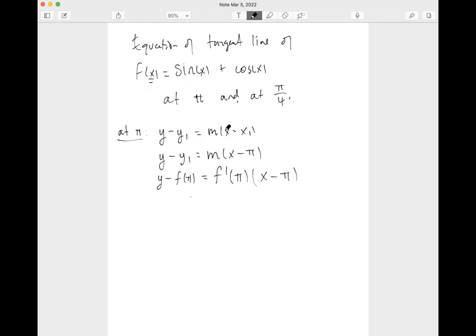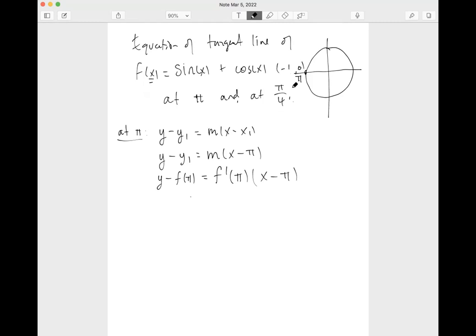So f of pi is easier to look at. For practice, why don't you tell me what it is? Again, pi is over here, and all you really can do is find the point. So what's the point there? -1, 0.